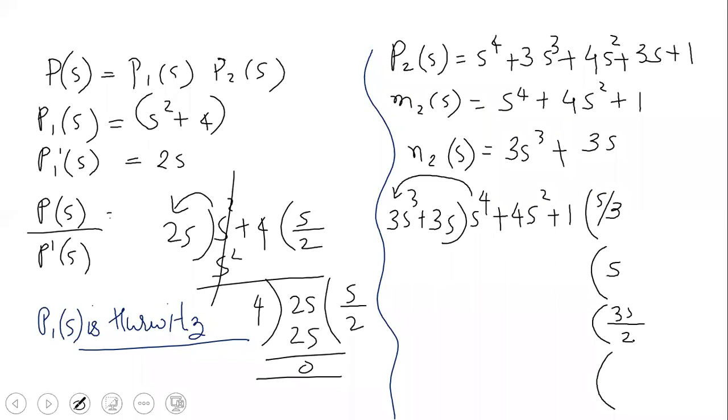Yes, the last one is 2S. So now if you look at all the quotients, they are positive, and hence we can say that P2 of S is Hurwitz.